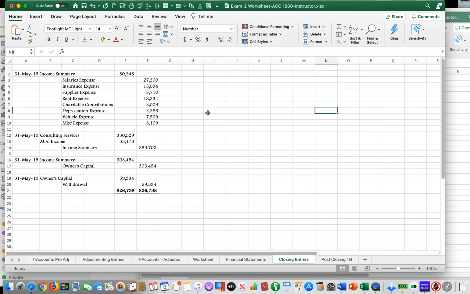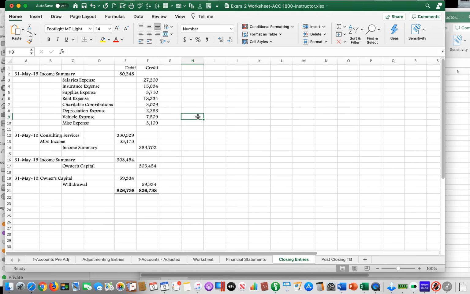Notice this. Expenses usually have a debit balance. Now you close them with journal entries, which you will also post. I don't show the posting here, but you would post them also.